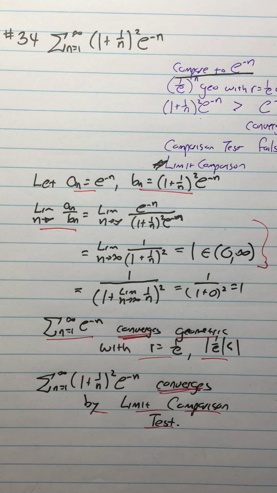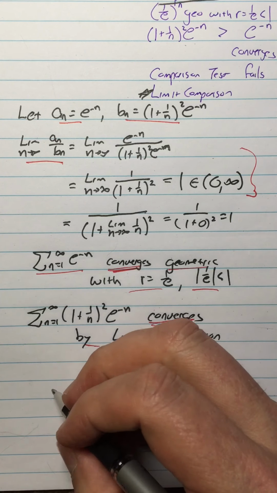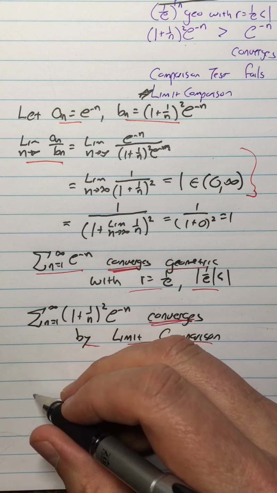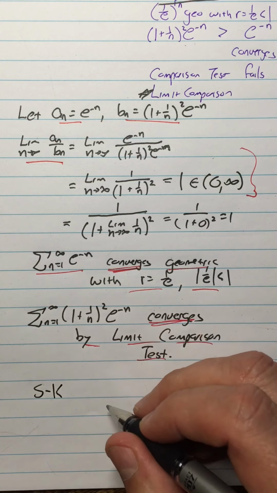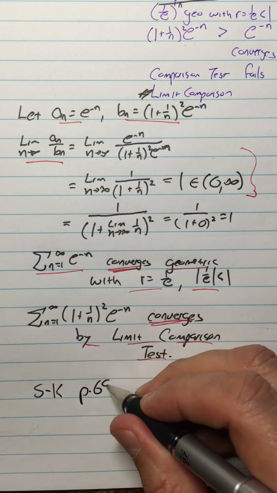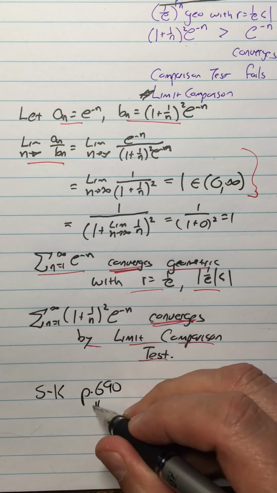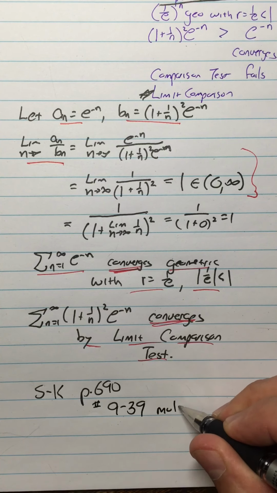I'm sure we'll have ample time to practice these in class. In the meantime, here's your chance to try it on your own. It is Stewart Kokoska, page 690, number 9 through 39, the multiples of 3.